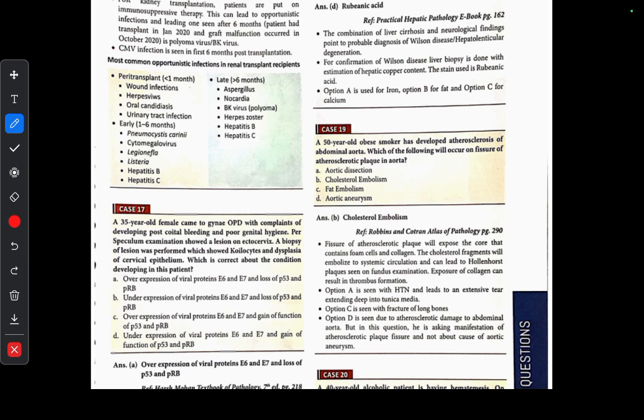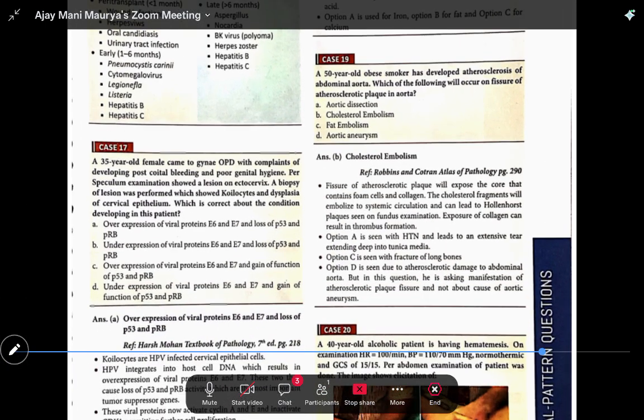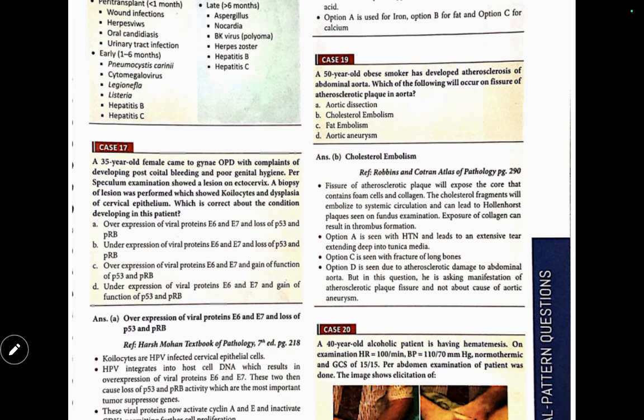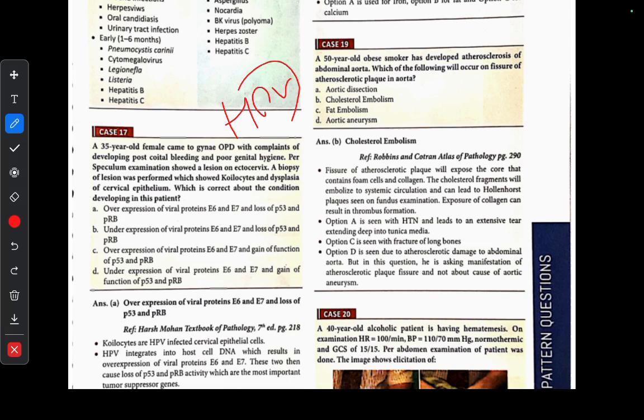Next, 17th. Yeah. See here, a 35-year-old female came to gynae OPD with complaints of post-coital bleeding and poor genital hygiene. For specialized examination, there is a lesion of, oh my goodness, this is going to your HPV. This is due to HPV. As you know that HPV has viral proteins. As I know only one thing here, E6 and E7.